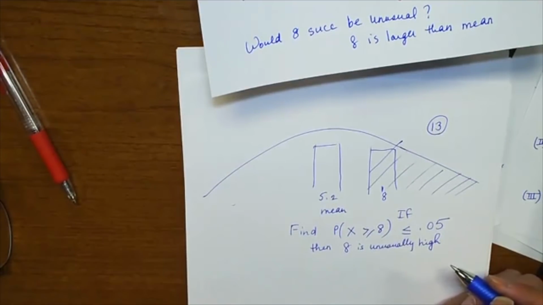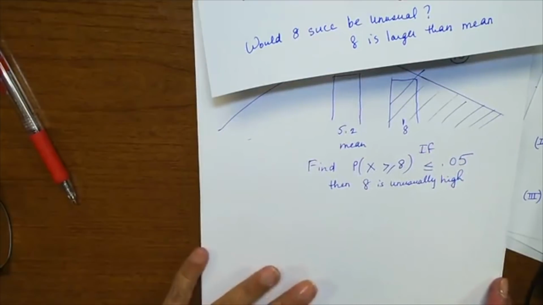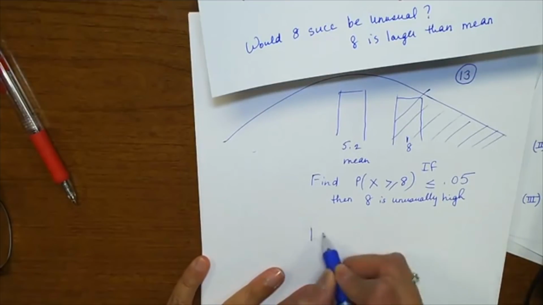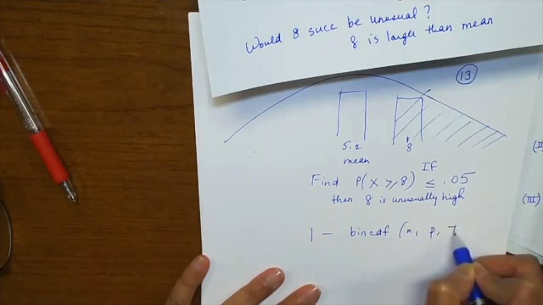Probability x greater than or equal to 8. How do I do it? How do I compute this probability? 1 minus binomial CDF NP7.